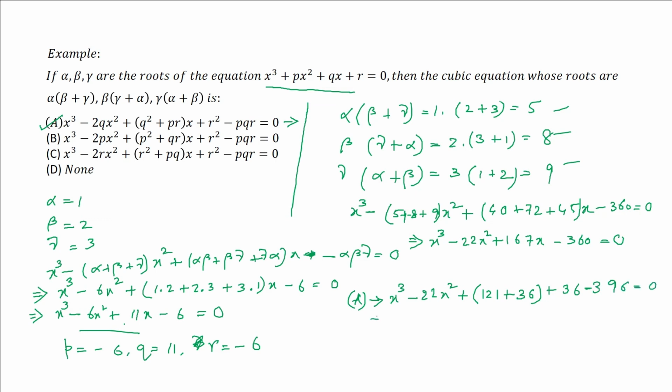So it becomes x cube minus 22x square plus 167 into x minus 360 equal to 0. So you see option A is the right answer.